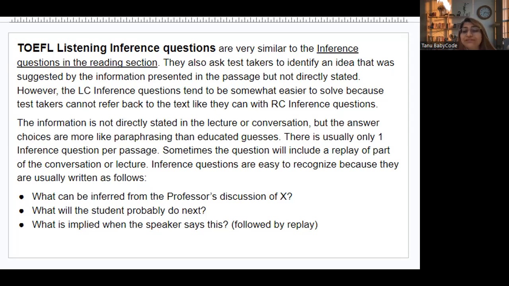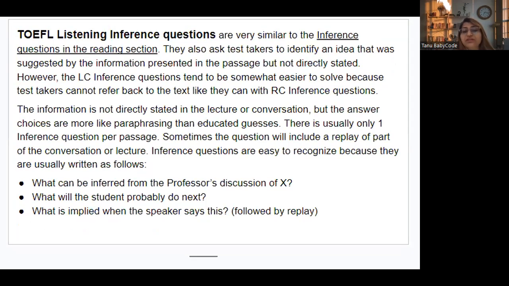However, listening inference questions tend to be somewhat easier to solve because the test taker cannot refer back to the text like they can with reading inference questions. The information is not directly stated in the lecture or conversation, but the answer choices are more like paraphrasing than an educated guess. There is usually only one inference question per passage.